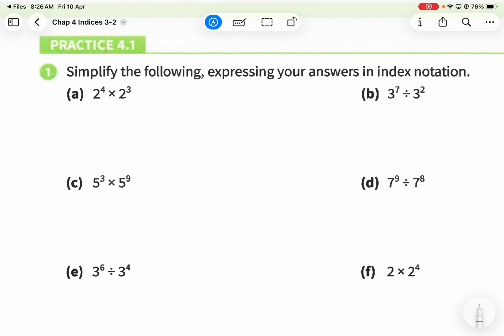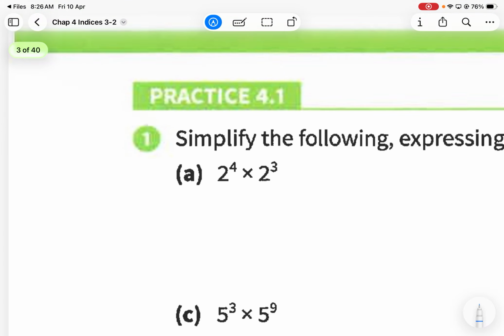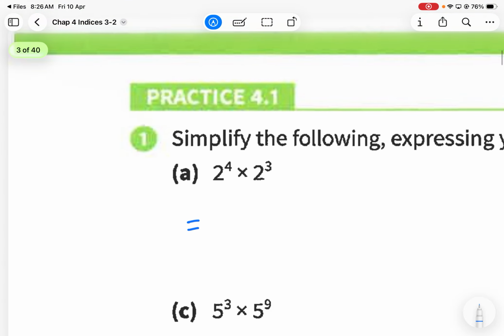They just want your answer to have a base, have a power. So if I have 2 to the power of 4 times 2 to the power of 3, they just want me to write down 2 to the power of 4 plus 3, 7. Like that only.